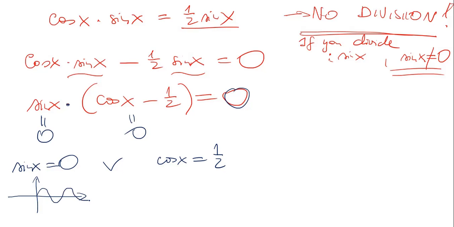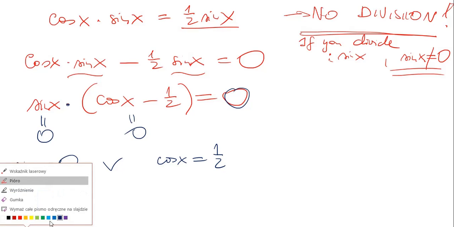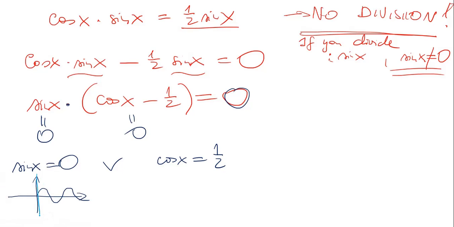And now we just need to take a look at the function and see where the sine x equals 0. So let me draw the function very quickly. Okay, and here we have to look where sine x is 0.